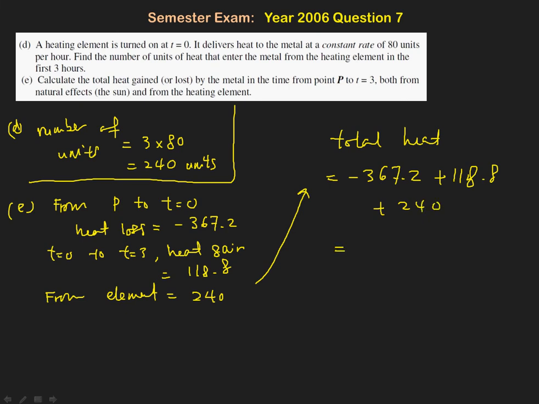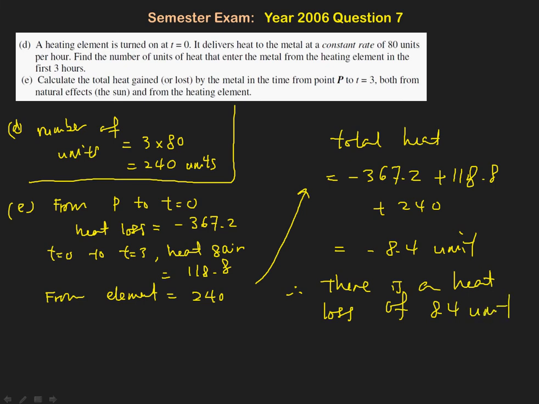So the conclusion is that there is a heat loss of 8.4 units from time equals negative 3 to 3. I hope you understand what has taken place, and I hope you try the other questions, and all the best.